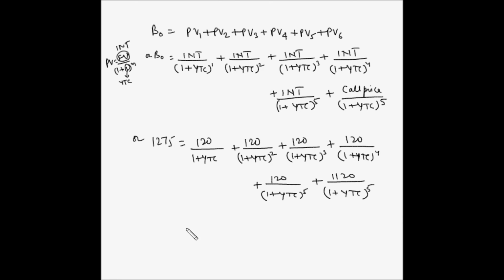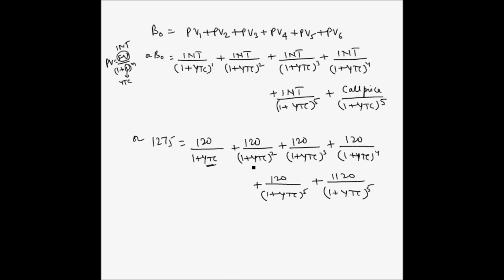Now we can try and solve this equation by the trial and error method. So we will have to enter a value for the yield to call and see if the right hand side is equal to the left hand side.